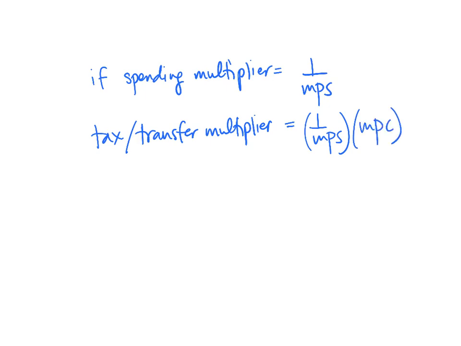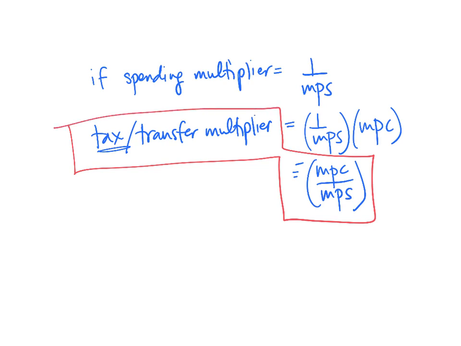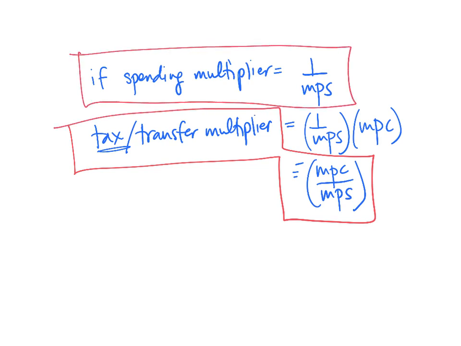And then we multiply that by whatever the actual policy is, like in the last example, 500 million. You can combine these terms, right, to this, MPC over MPS. Usually we put a negative sign in front of it just to remind ourselves that if it's taxes, to cut taxes you're going to increase spending and vice versa. But the key point is your tax and transfer multiplier, which is this, is smaller than the spending multiplier, which is this, right?